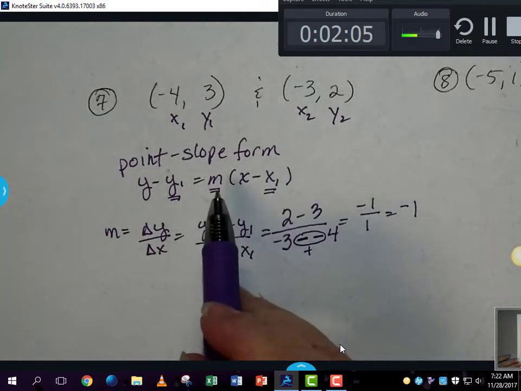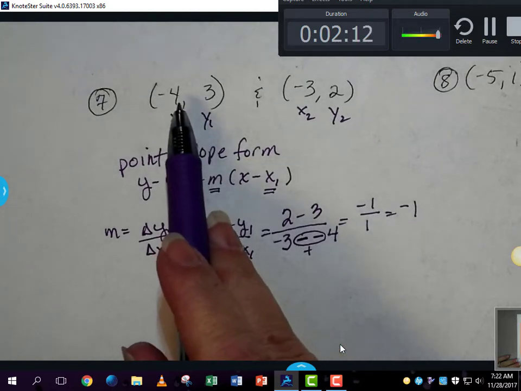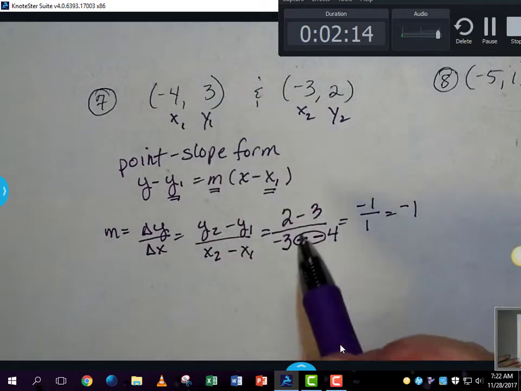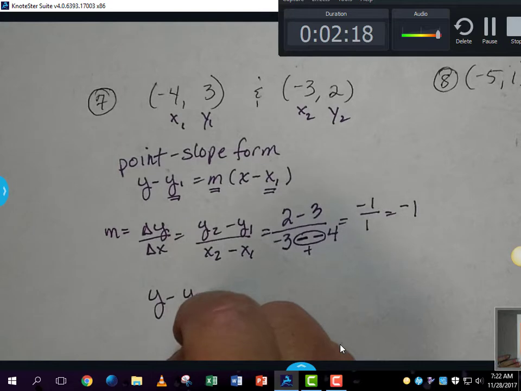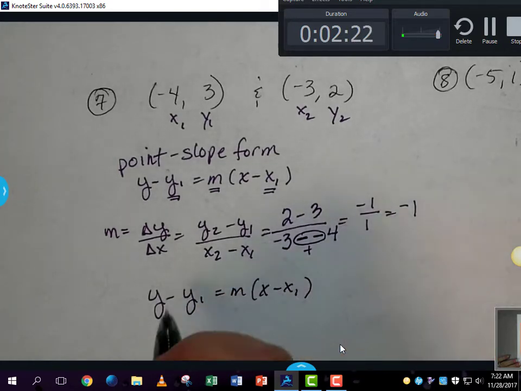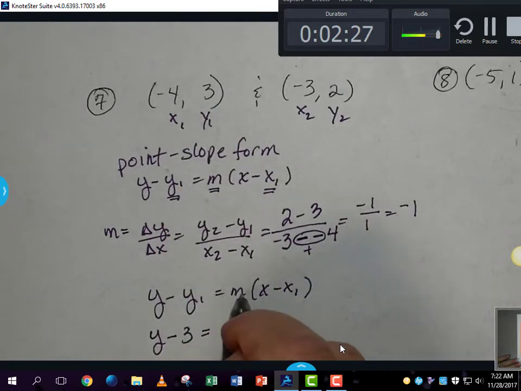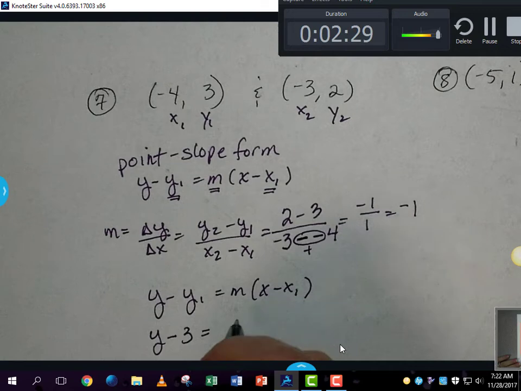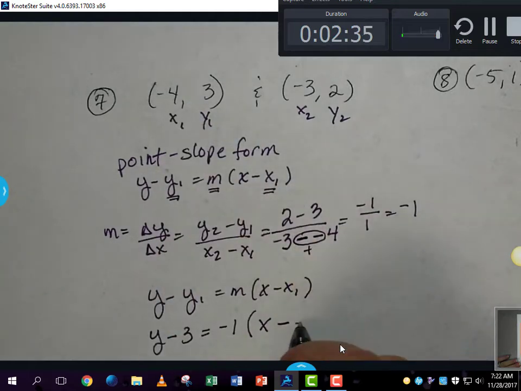So right now what I have done is I have m is negative 1, but I also already have x1 and y1. So putting it all together into the template, I'm going to have y minus y1, which is 3, equals m, we just figured out that m was negative 1, times the quantity x minus x1, and x1 is negative 4.